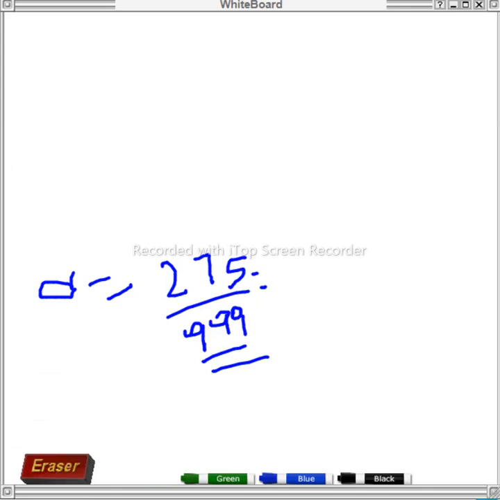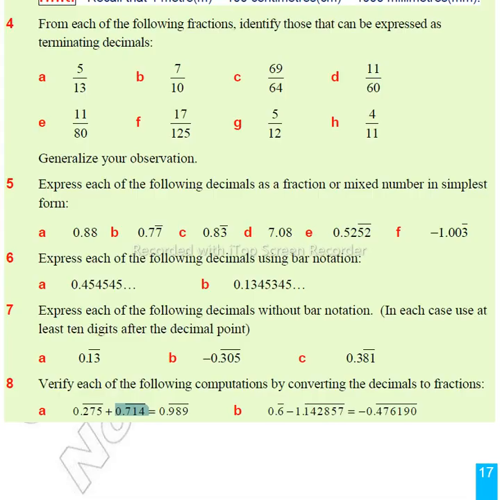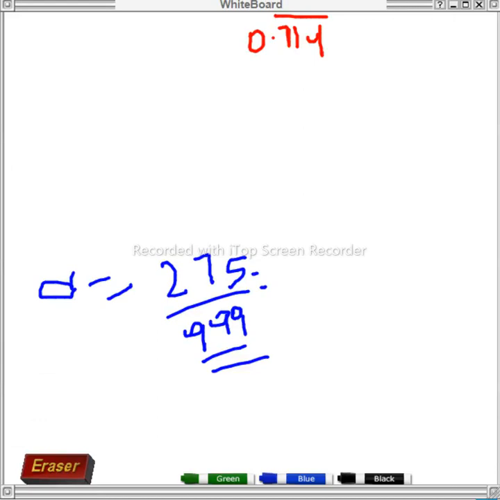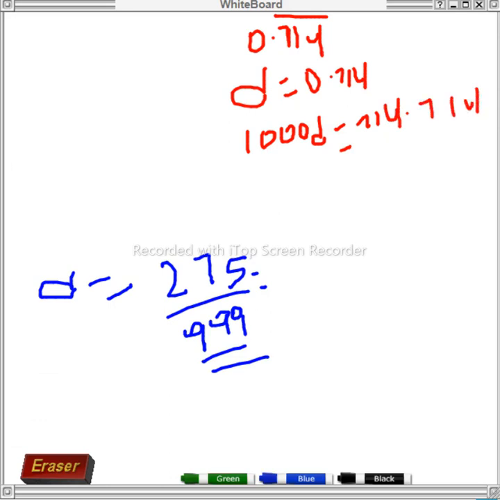0.714, this number is repeated. 714 will be repeated. Let d be 0.714 repeated, and let us multiply both sides by 1000. We get 1000d equal to 714.714. Let us subtract.